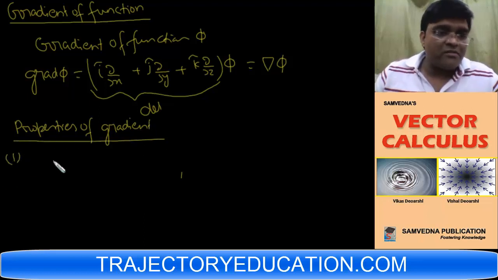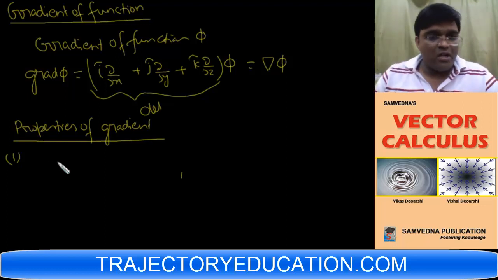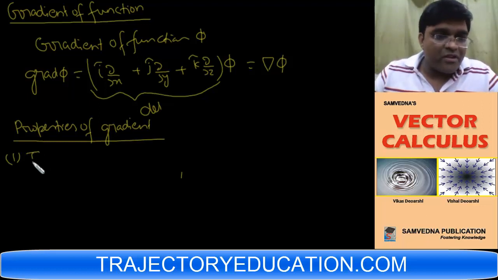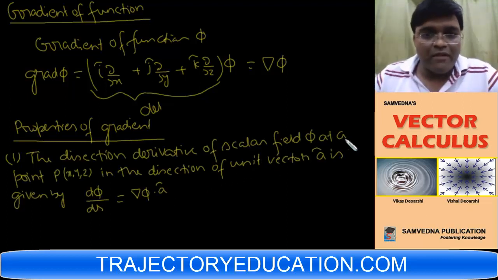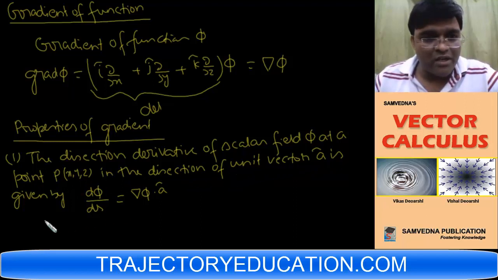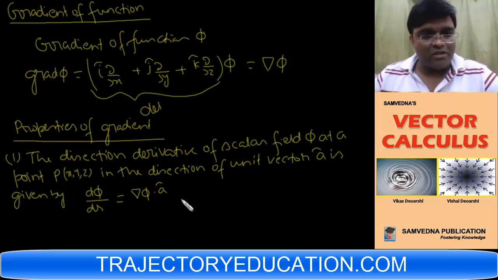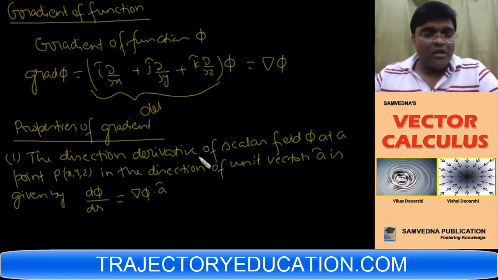The first property, we discussed in the last lecture: the directional derivative of scalar function phi at a point P(x, y, z) in the direction of unit vector a is given by del phi dot a. We studied this in quite detail in the previous lecture, right? So the directional derivative of any function phi at any point P in the direction defined by unit vector a is given by del phi dot a. So del phi helps you evaluate the directional derivative.